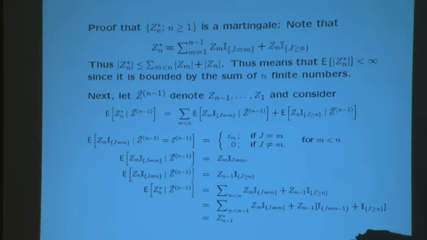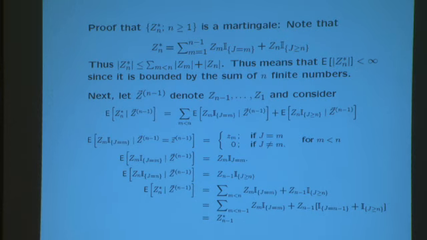And now you look at this last term here, which is a combination of here and here, and this is just the indicator function for J greater than or equal to n minus 1. And if you look back at the definition of Z sub n star, this is just Z star of n minus 1. Okay?